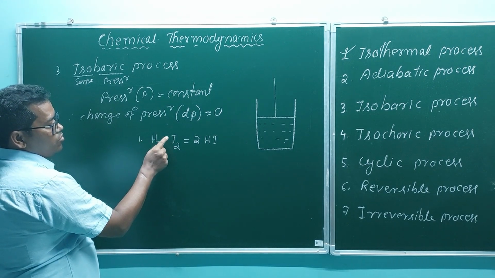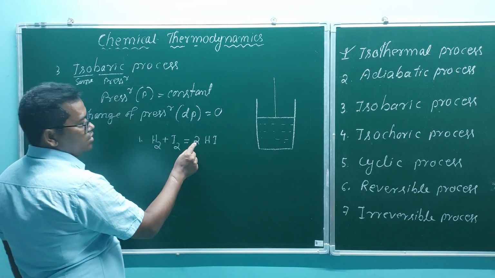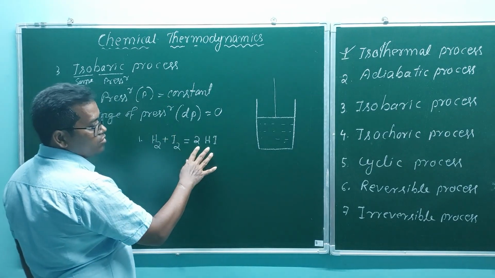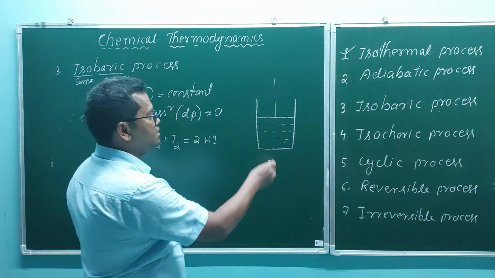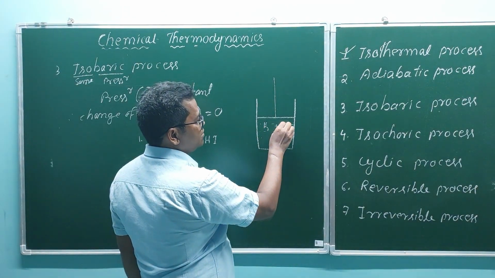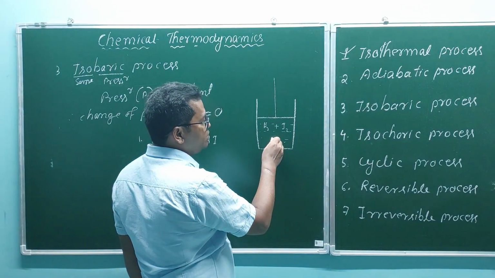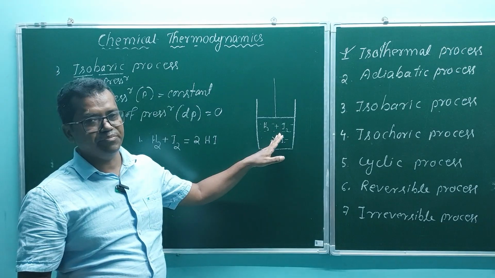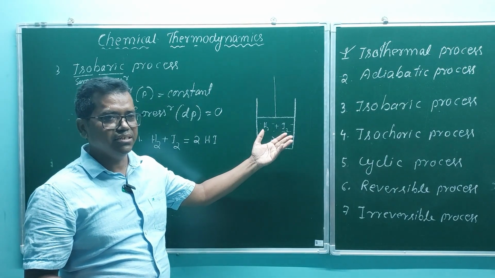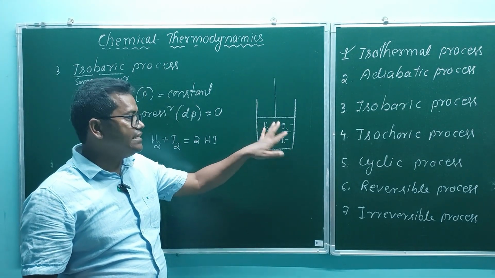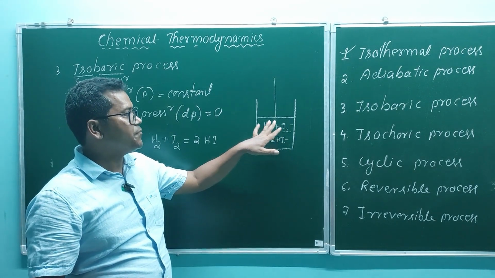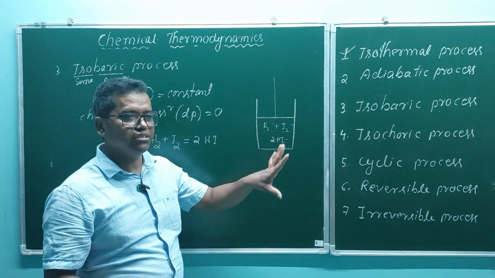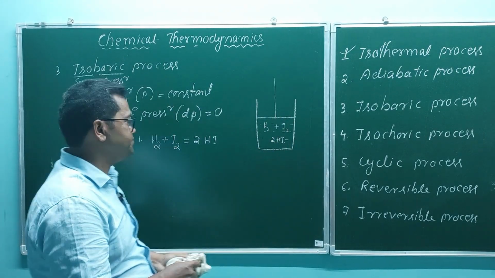Initially 1 mole, 1 mole, and finally 2 moles. That is, the initial moles are 2 and the final moles are also 2. In that case the volume is the same. After the reaction the volume does not change. In that case, this piston will not move up or down. Volume remains constant, so pressure is also constant here.